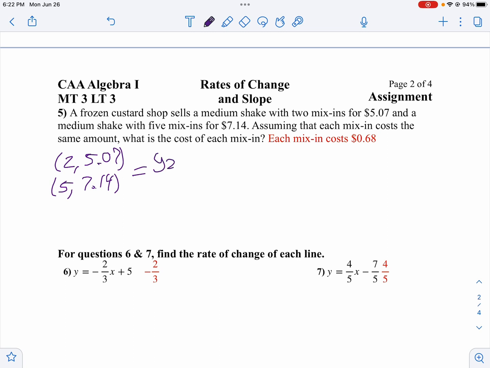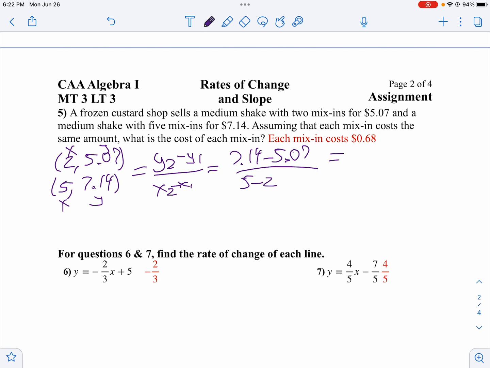Maybe I'll write that down this time. y2 minus y1 over x2 minus x1. xy, xy. So I'll go 714 minus 507, and I'll divide that by 5 minus 2.